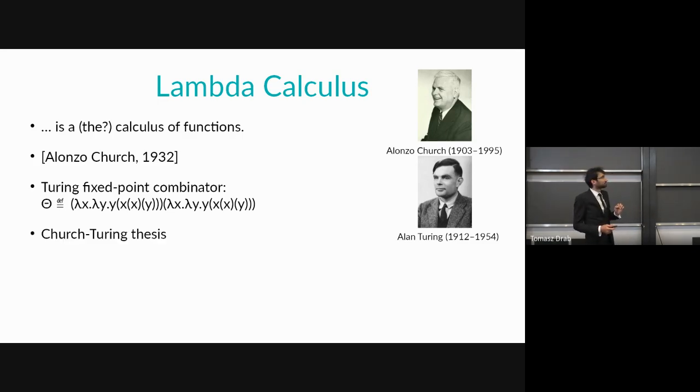And in this environment of cooperation of Church and Turing comes also the Church-Turing thesis that first observes that the two models, Lambda Calculus and Turing machines, are equivalent in the sense that everything that is computable in Lambda Calculus is computable on Turing machines, and vice versa.